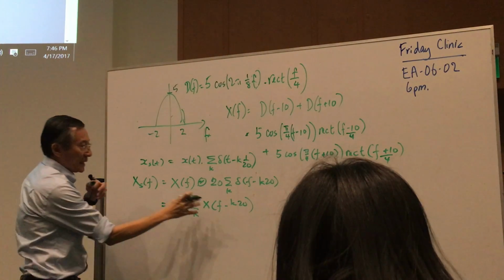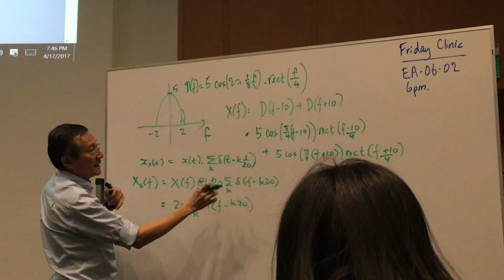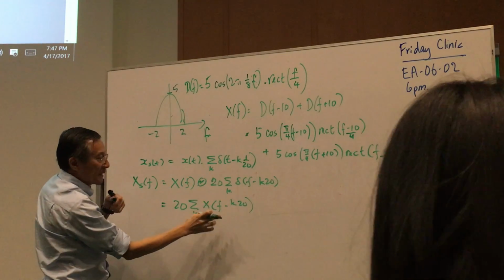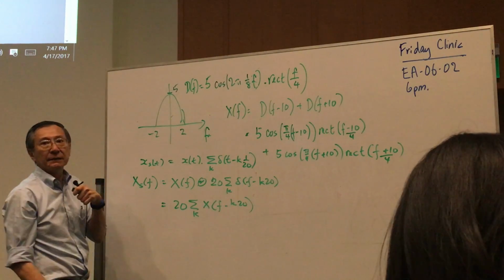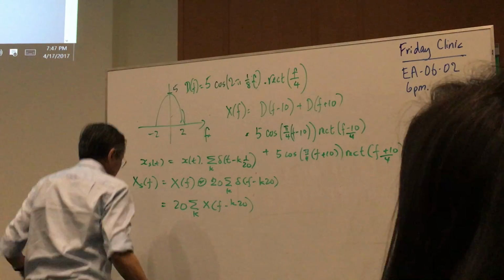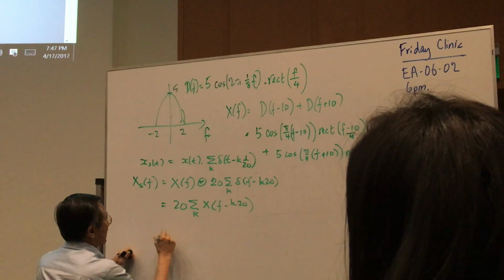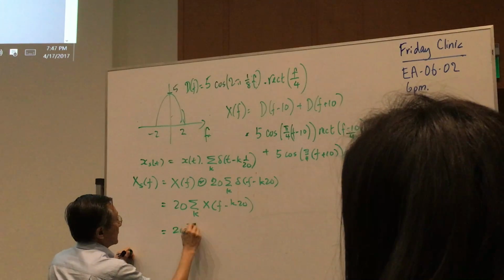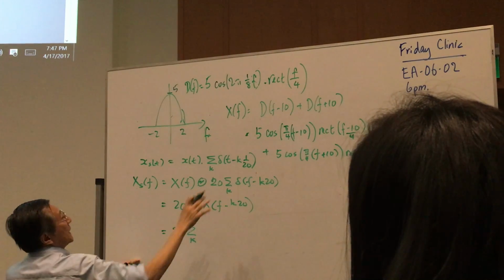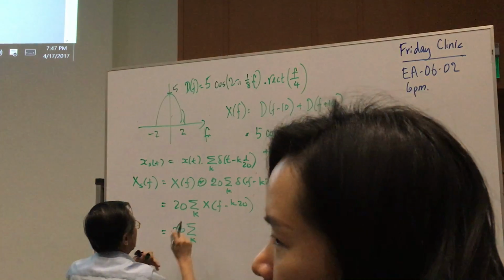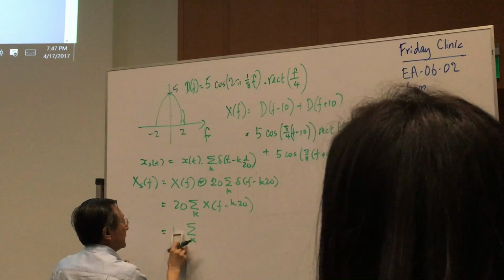Now you substitute. Wherever you see f, you replace f with f minus k20. I can take out the 5, and it becomes 100.